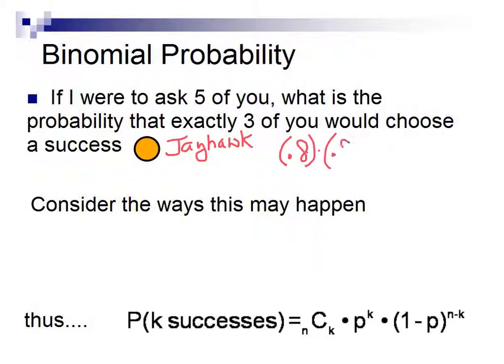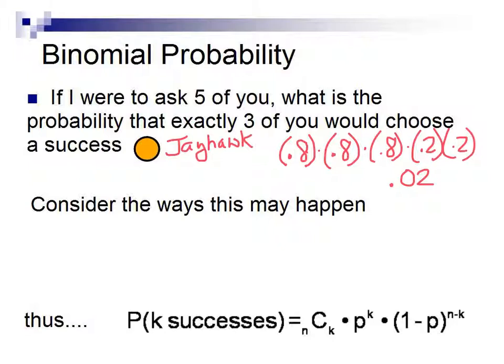Another Jayhawk and another Jayhawk. And then I need 2 Wildcats. If I multiply those all together, let's type that in and see, I get 0.02 for a probability that if I'm asking 5 people, exactly 3 say Jayhawk.